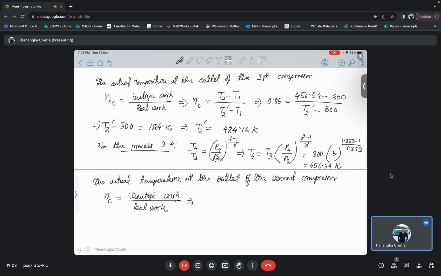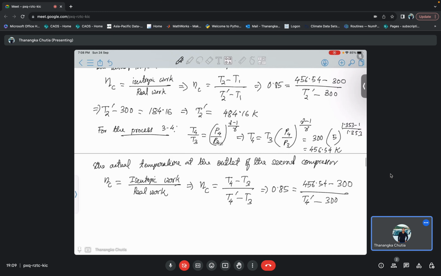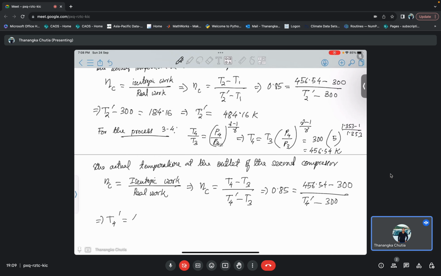T4 minus T3 divided by T4 prime minus T3. So again 0.85, this T4 is 456.54 minus T3 which is 300, over T4 prime minus 300. From here, just like the previous one, you will get 484.16 Kelvin.